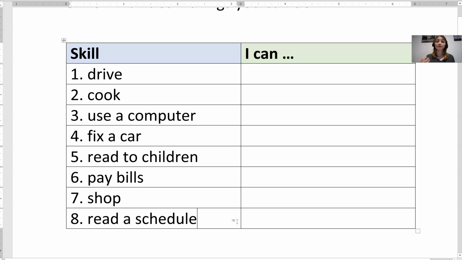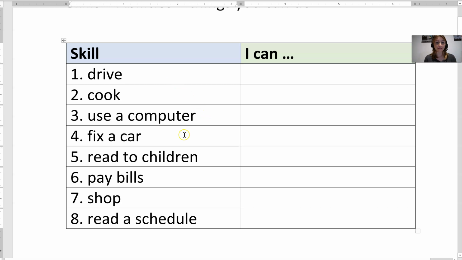Of course, you can have different skills or you can be more specific. For example, number 1, you can say drive a truck or drive a delivery truck. That's a different skill. I don't know how to drive a delivery truck, but I can drive a regular car, an automatic car I can do.